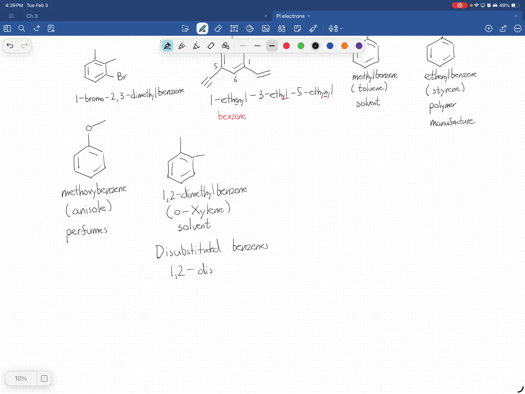When it's 1,2 di-substituted, we use the prefix O, which stands for ortho. 1,2 is ortho. When it's 1,3 di-substituted, we have a different letter.